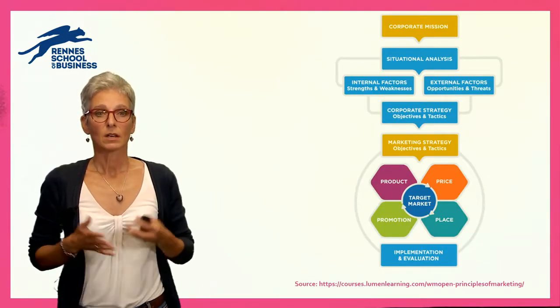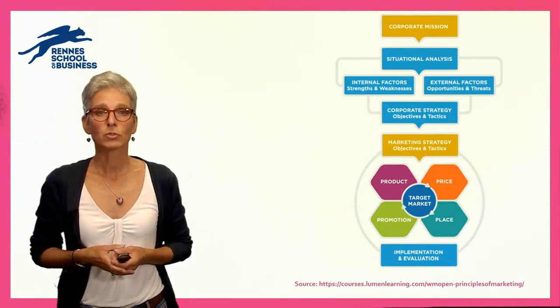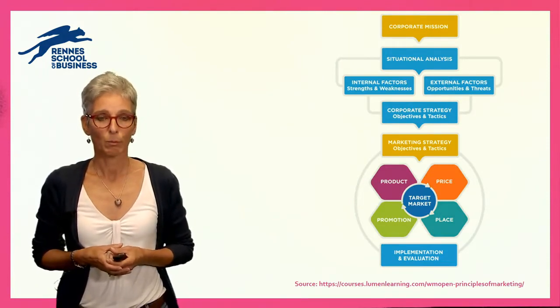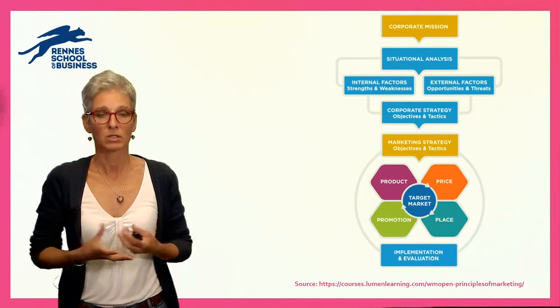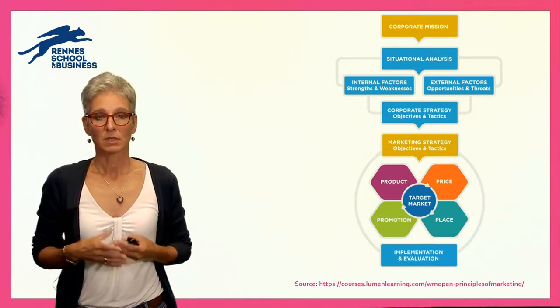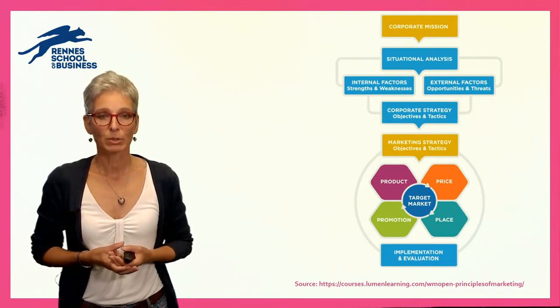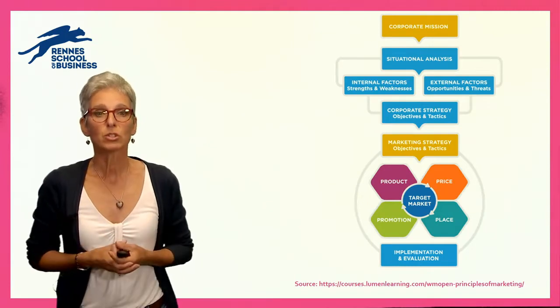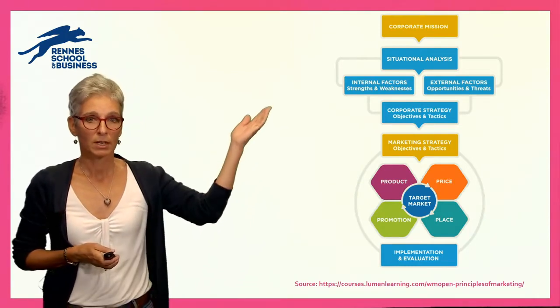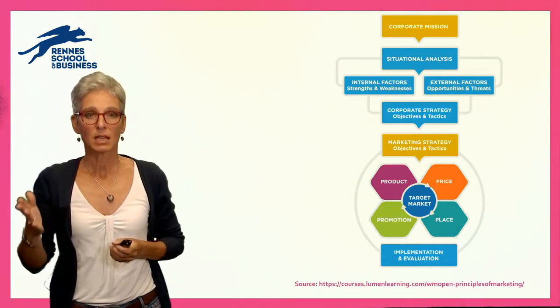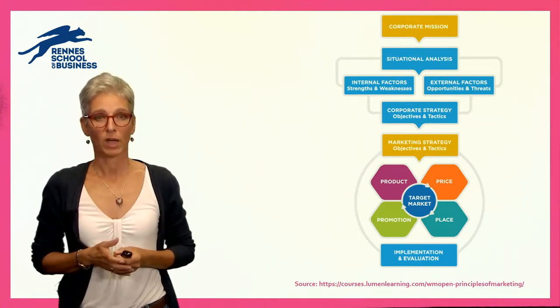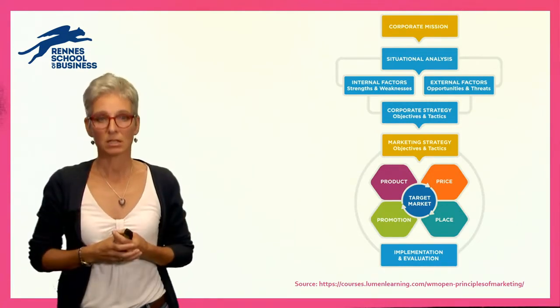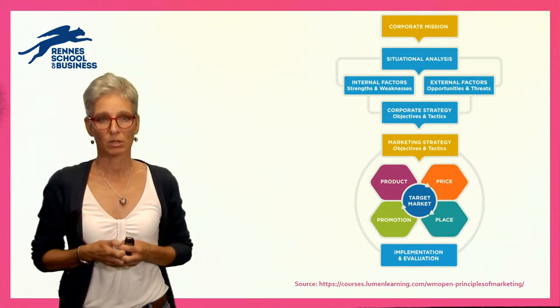This is a diagram which shows the process of marketing analysis and marketing process. We start with the mission of the company, and then in blue we do what we call the situation analysis, which looks at internal and external factors which enable us to understand the dynamics of our market.